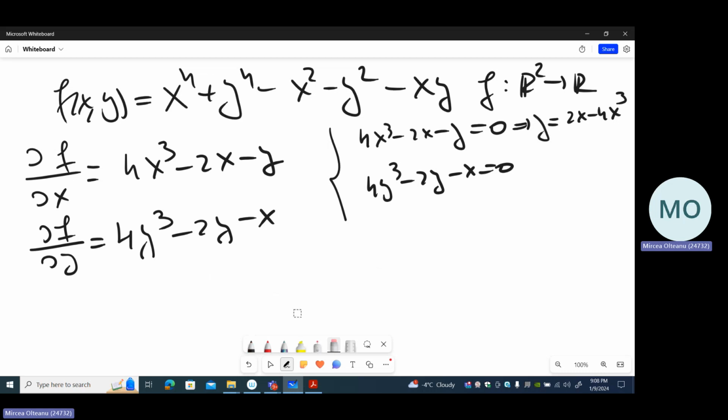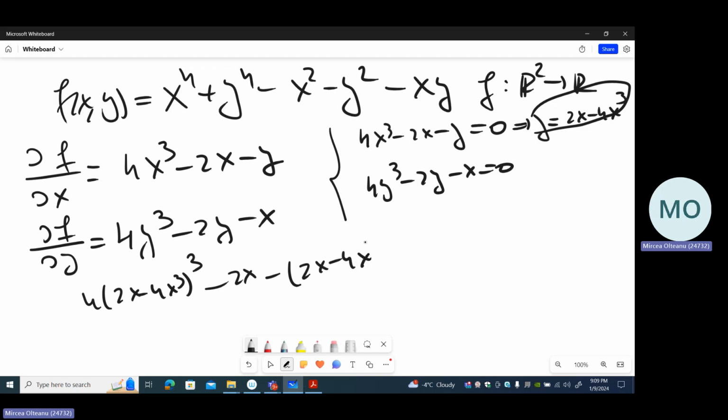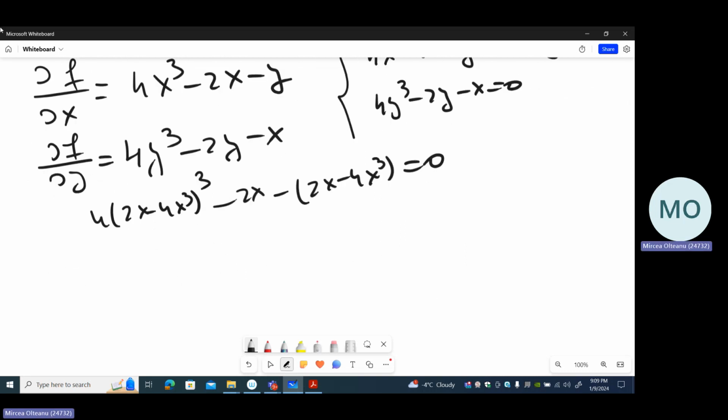So we replace y by this value. So it's 4 times (2x minus 4x^3) minus 2x minus y, which means minus 2x minus 4x^3, equals 0. And we need to solve this equation.